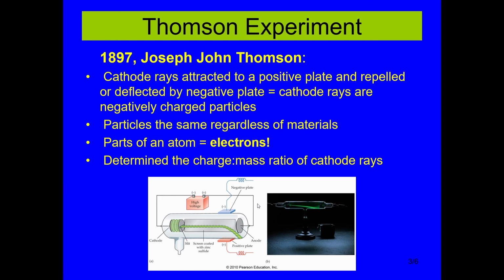This particle acted the same exact way regardless of the material that was used. And what this showed was that an atom is built with a unit called an electron that is negatively charged. This unit is attracted to a positive charge and repelled by a negative charge.